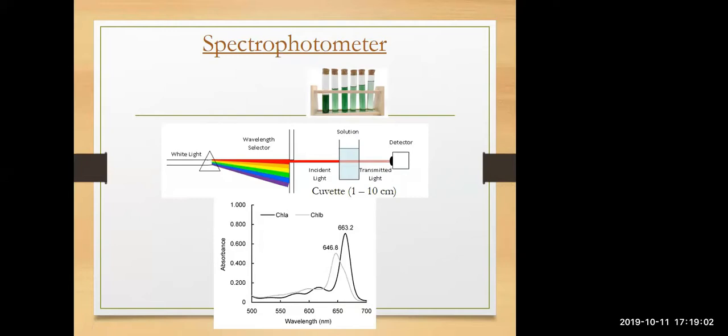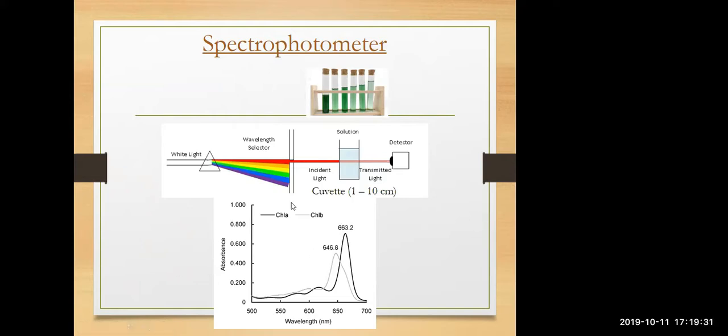This is an example of the absorbance of light by chlorophyll a, and an example for chlorophyll b is also shown. Here we can see that chlorophyll a has its maximum in the red, around 663 nanometers, while chlorophyll b has a maximum around 646 nanometers.